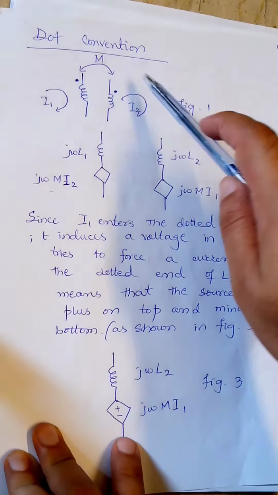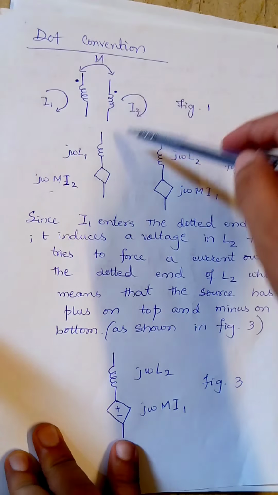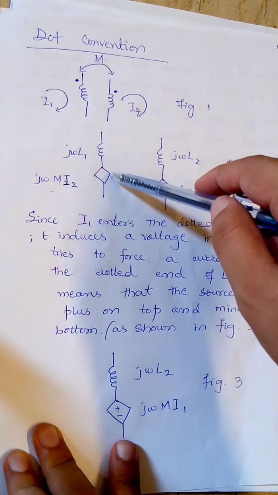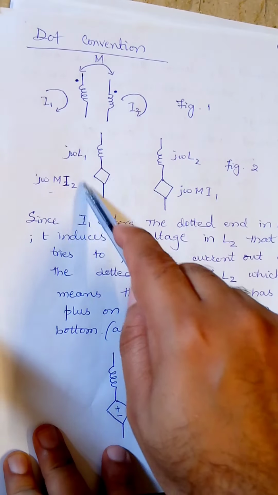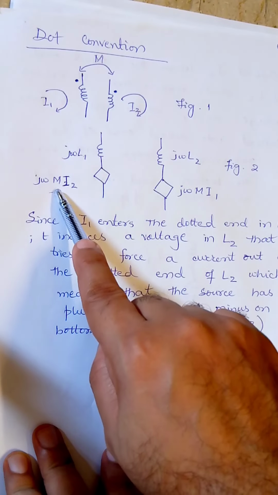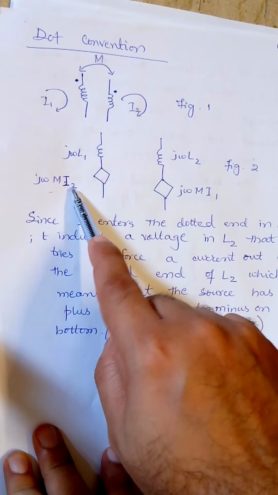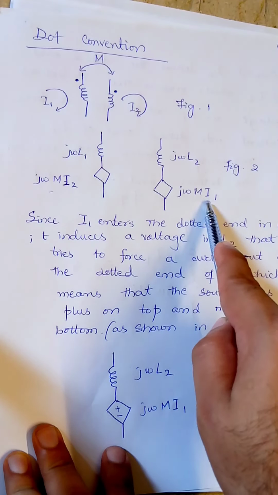So how would we represent this mutual inductance? We represent it with the help of a dependent voltage source. Here I have shown the voltage induced in coil 1 due to current I2, and the voltage induced in coil 2 due to current I1, right?